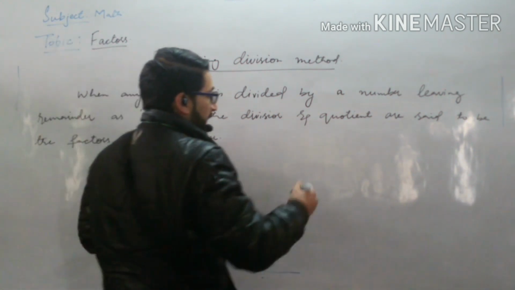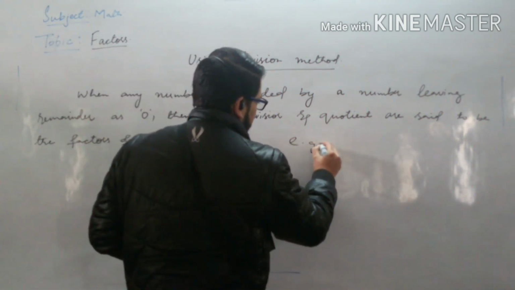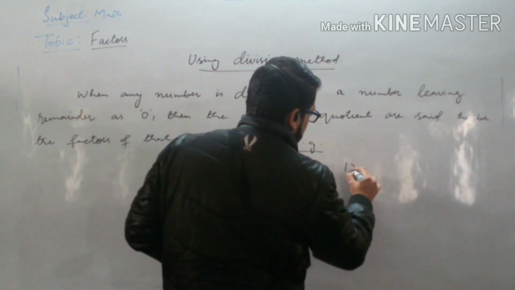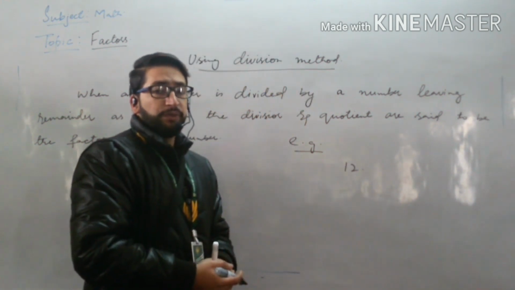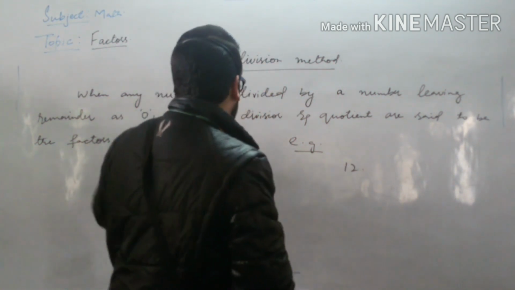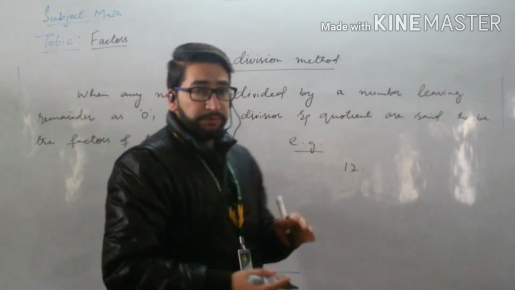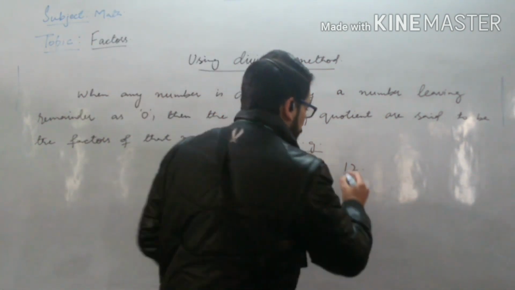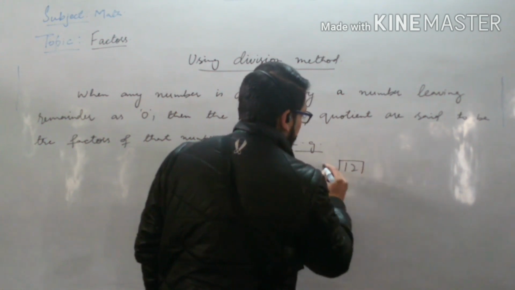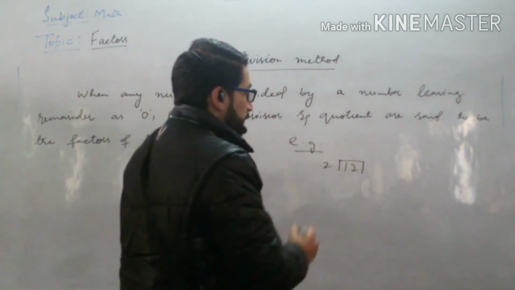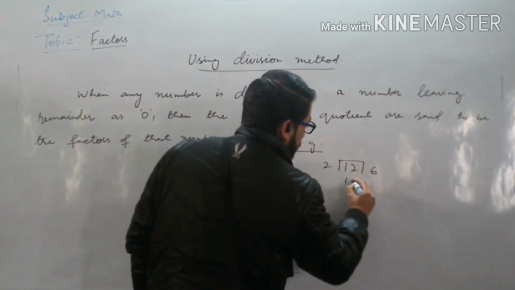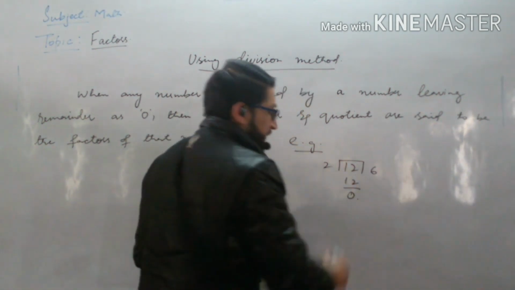Suppose I take an example of number 12. It is a number of which we have to find factors. Whenever we divide 12 by, suppose, 2, 2 sixes are 12 and the remainder is 0 here.